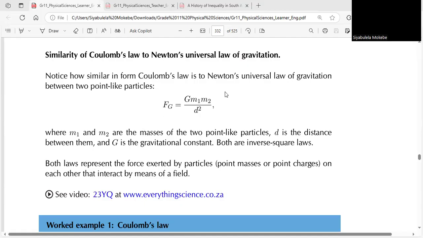Now, this is the formula where m1 and m2 are the masses of the 2 point-like particles, d is the distance between them, and G is the gravitational constant. Both are inverse square laws. Both laws represent the force exerted by particles, right? Point masses or point charges on each other that interact by means of a field.